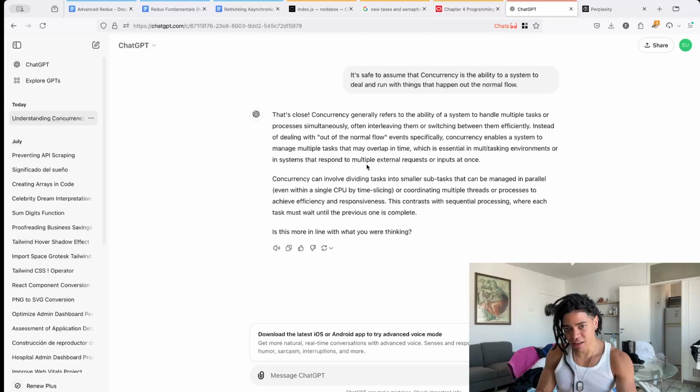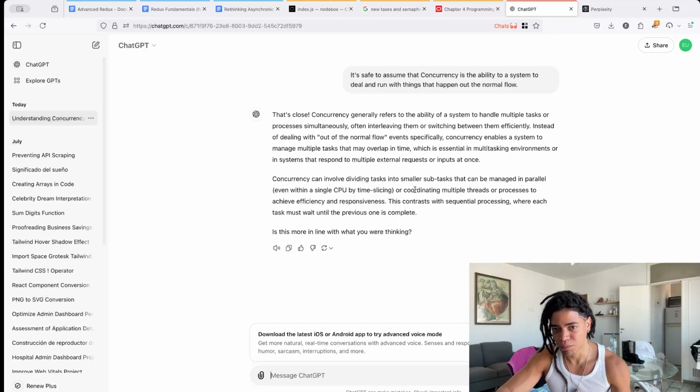Concurrency can involve dividing tasks into smaller subtasks that can be managed in parallel, even with a single CPU by time slicing or coordinating multiple threads or processes to achieve efficient responsiveness. This contrasts with sequential processing, where each task must wait until the previous one is complete.